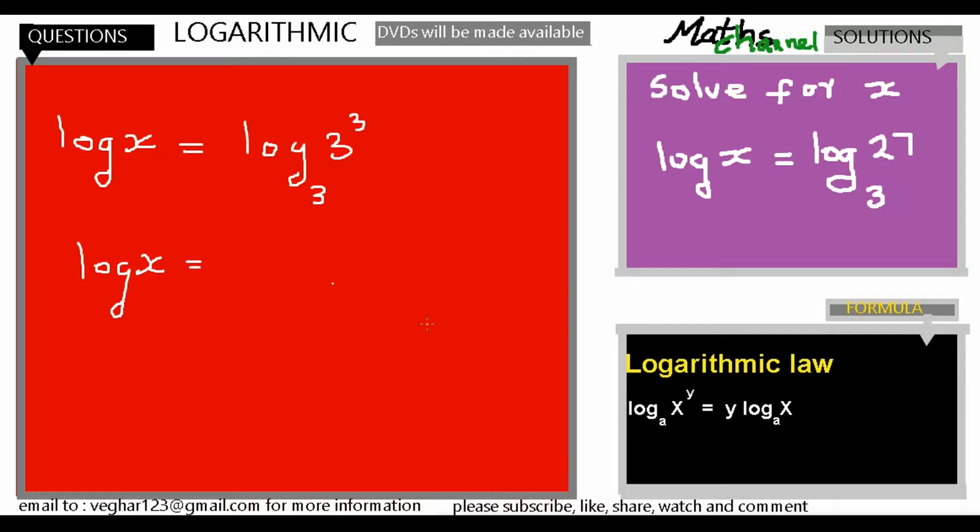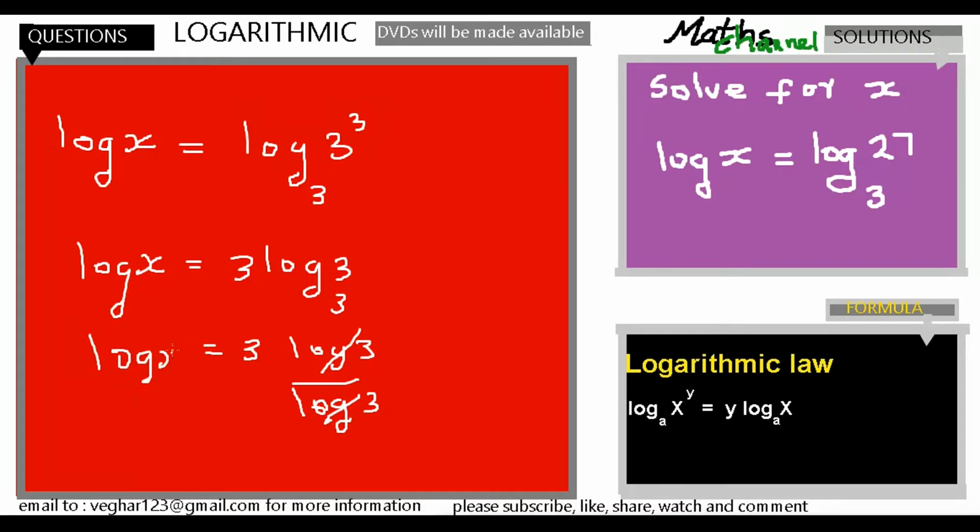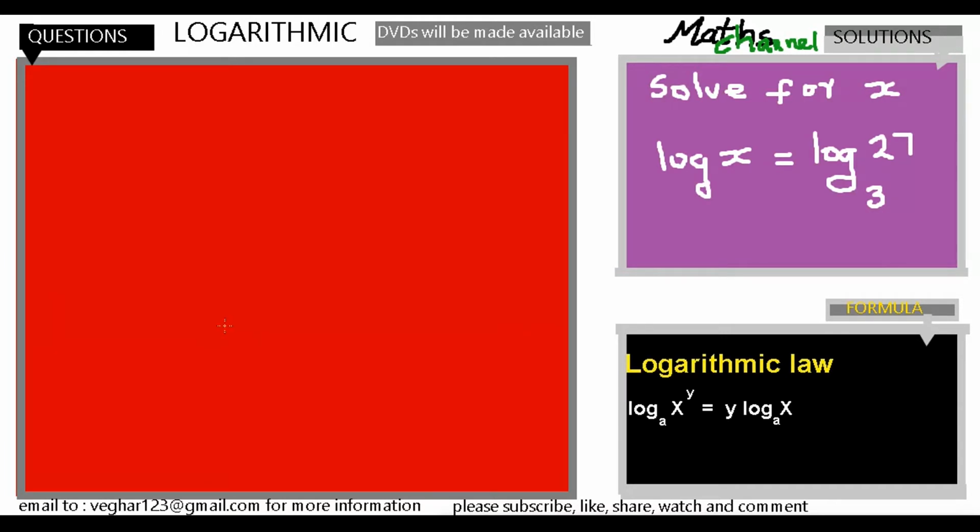And then we'll take the 3 in front, the same applies to this law. So now you see it's log 3 base 3, so 3 divided by 3, they will cancel each other. So it's the same as log 3 and 3 will cancel.